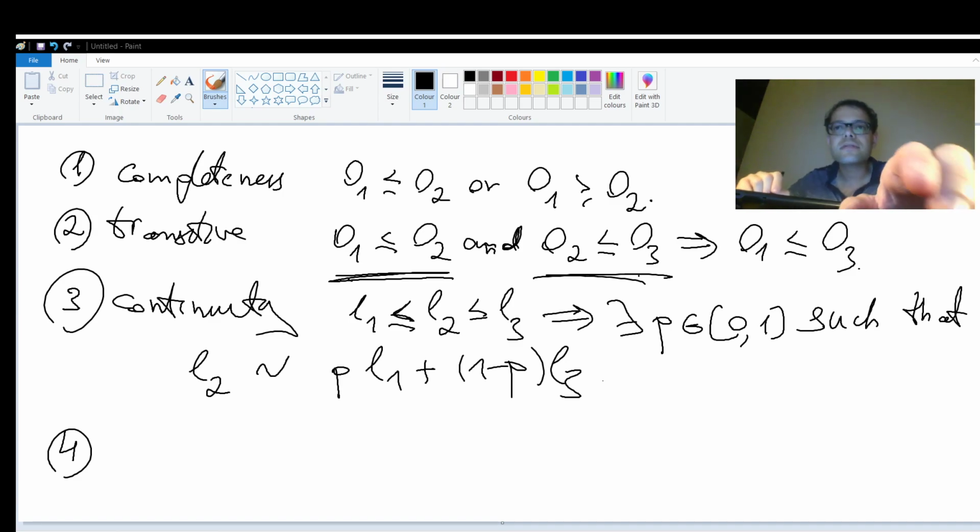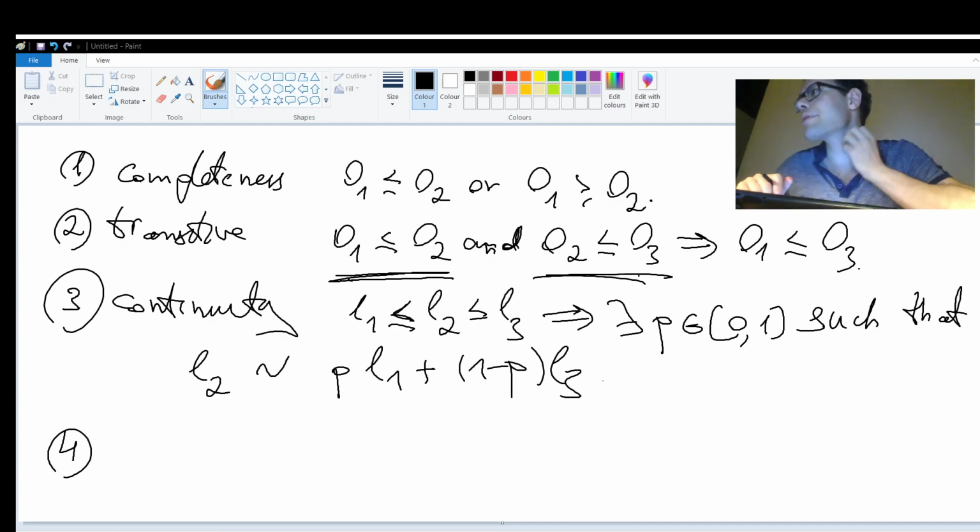And the last requirement is independence. Well, that's in general a very natural requirement. It's just interesting that it does not happen in real life. But we assume that.